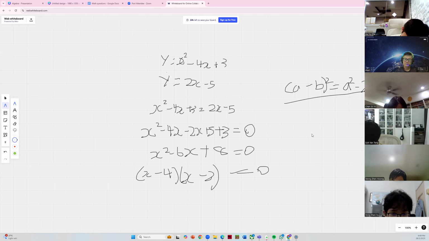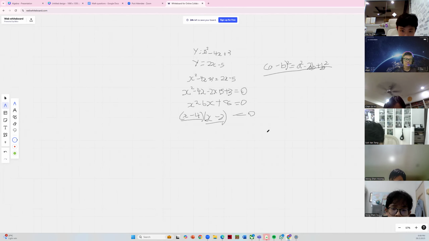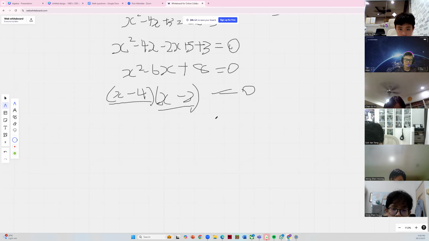So as we know, anything times 0, it will become 0, right? So either x minus 4 is 0 or x minus 2 is 0. So there are two answers for this question. So let's say if x minus 4 is 0, then x equals 4.